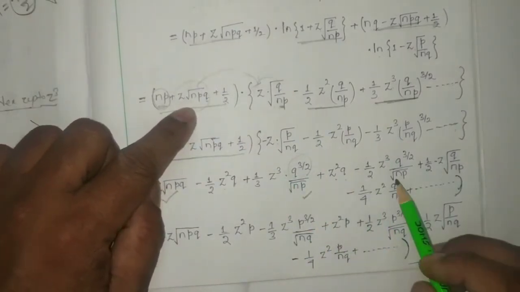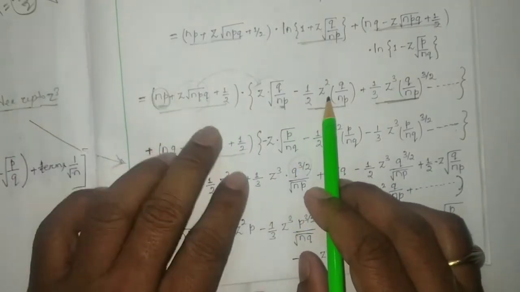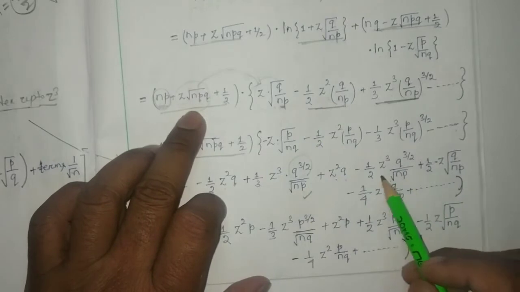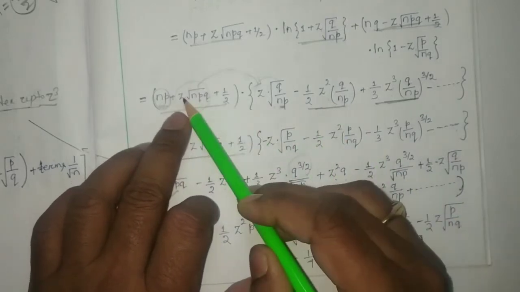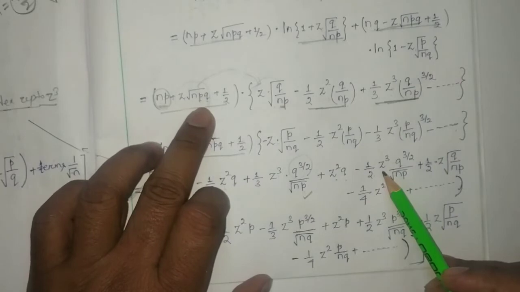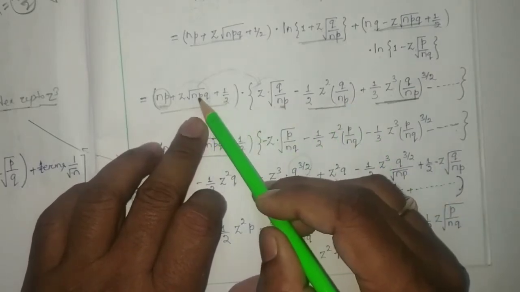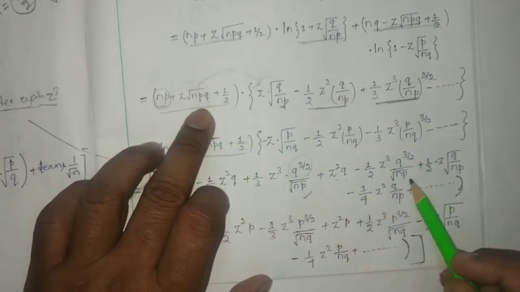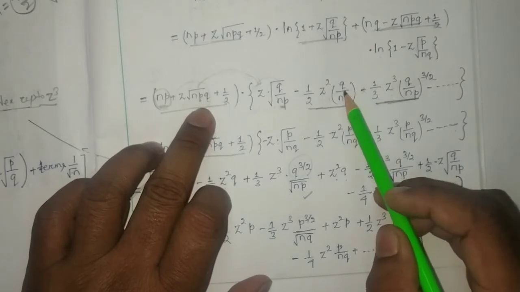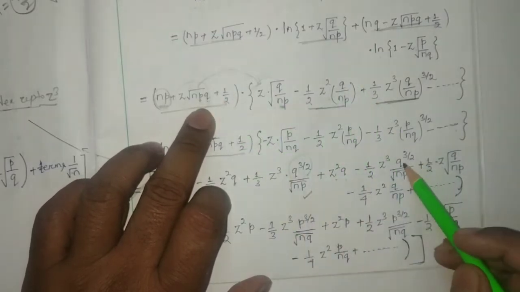Now we have to consider this term multiplied with this one, how much will it be? 1 by 2 z into z square is z cube, and here the denominator will automatically be root over of np, and this is q to the power 1 times q to the power 1 by 2, so q to the power 3 by 2.